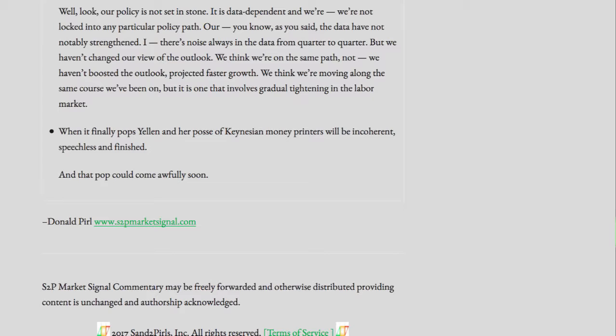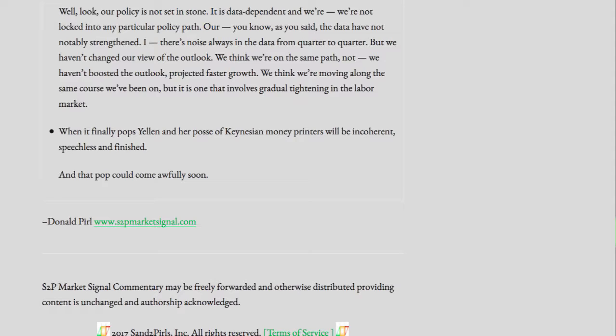There's noise always in the data from quarter to quarter, but we haven't changed our view of the outlook. We think we're on the same path. We haven't boosted the outlook, projected faster growth. We think we're moving along the same course we've been on, but it is one that involves gradual tightening in the labor market.